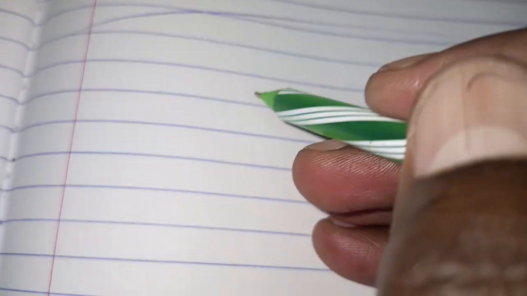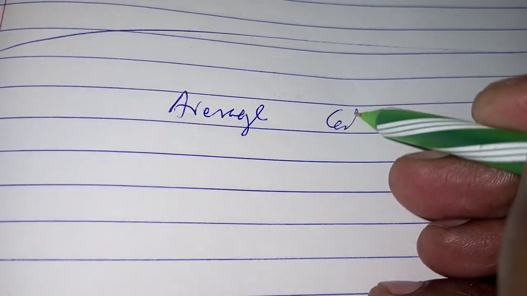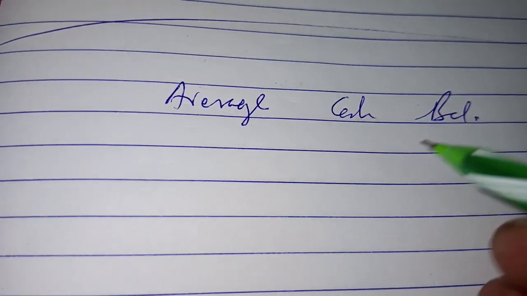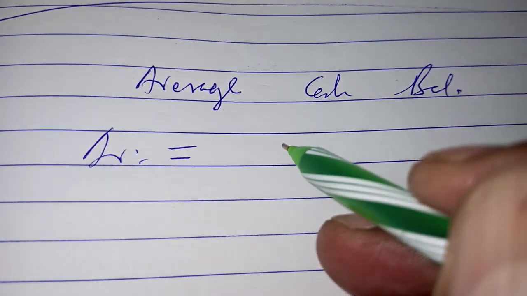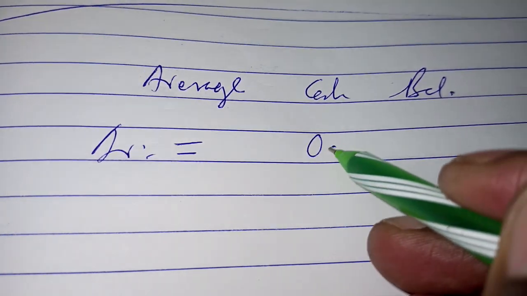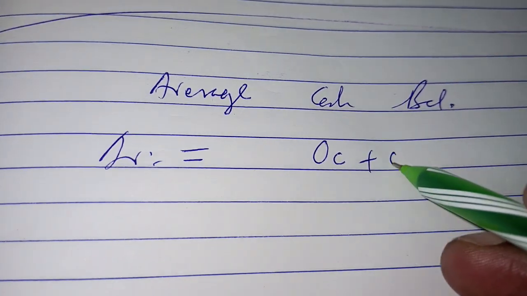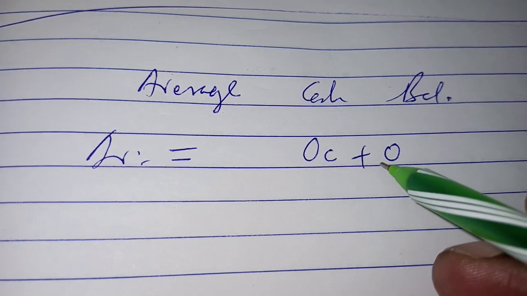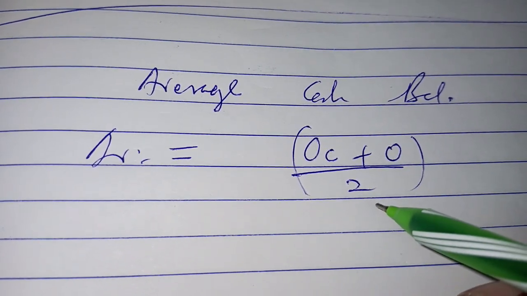Again, we are also told to get the average cash balance. The average cash balance is given as the optimal cash, plus 0, the final cash balance, divided by 2. The beginning plus the ending, divided by 2.